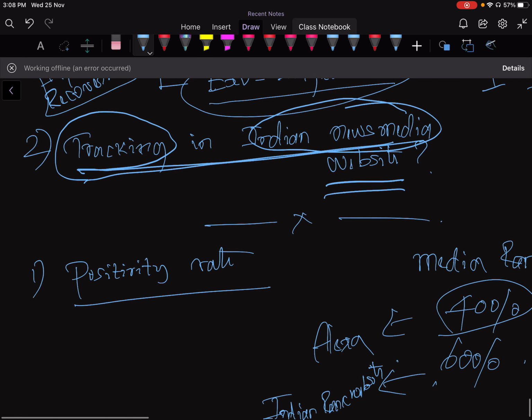Now, if I'm going to look at the tracking in the Indian news media websites, I need to look at the content of these websites also, right? How am I going to look at the content? Am I going to look at the first page of their main websites, or also at the other pages?